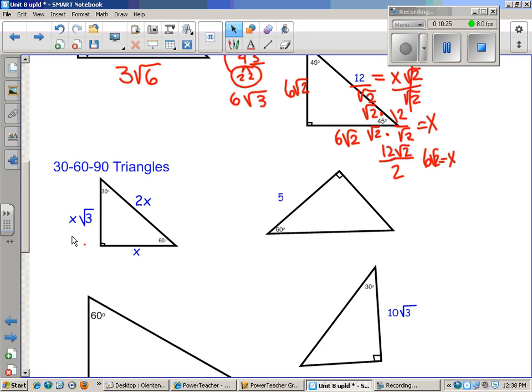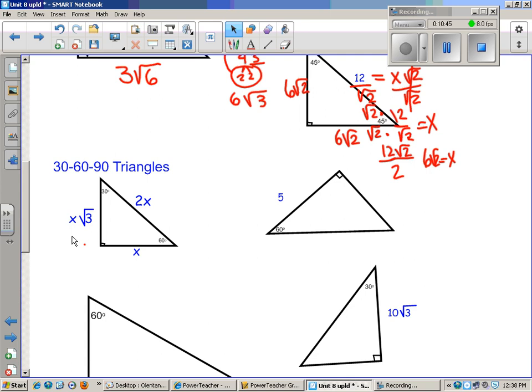Good, 5 radical 3. And this side? 10. Good. If this is 8, this is 8 radical 3, and if this is 10, then this is 5 radical 3 and 5, right? Okay, they're always the same relationship.